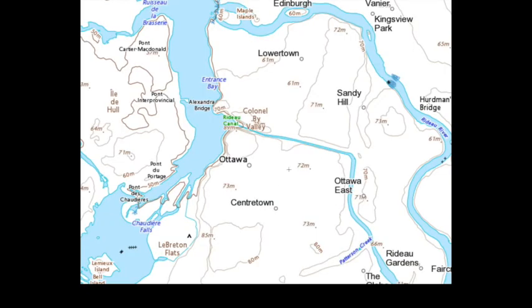So this is Ottawa. Now you can see that different elevations are represented with these lines. So all these lines represent points that are at the same height, the same elevation. So for example, here you've got these points that are at 60 meters, and so forth.